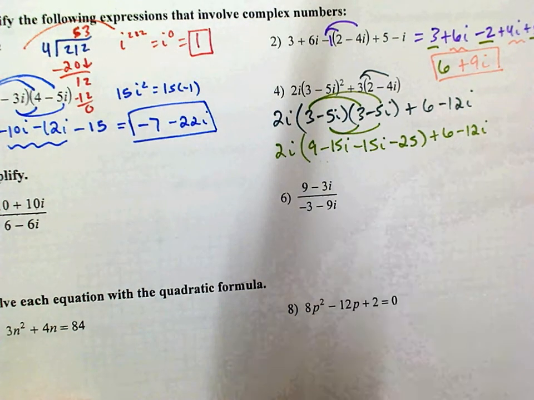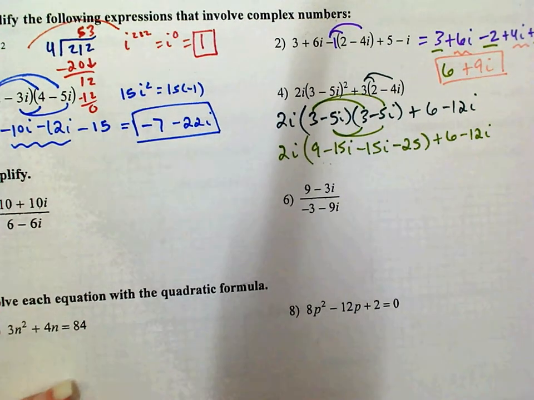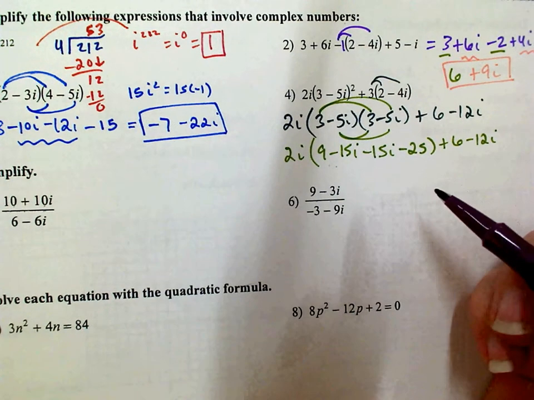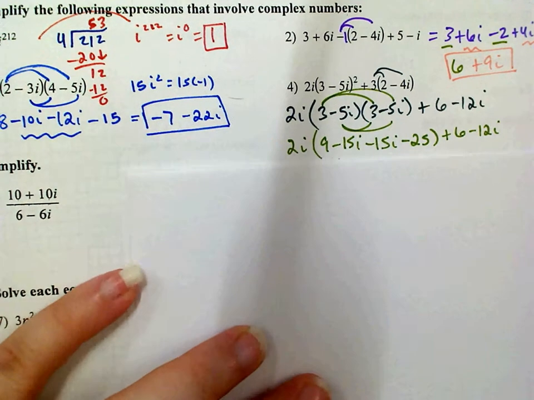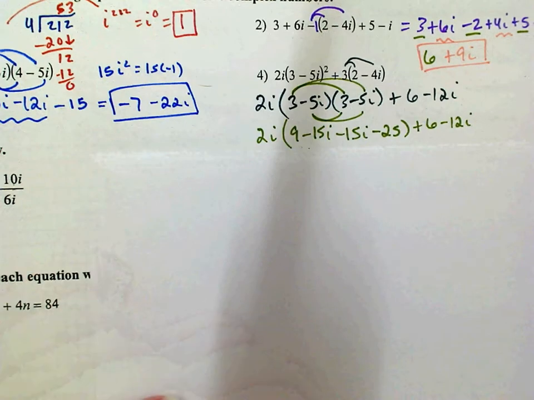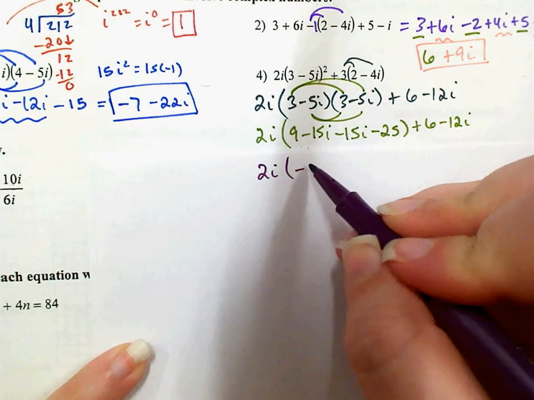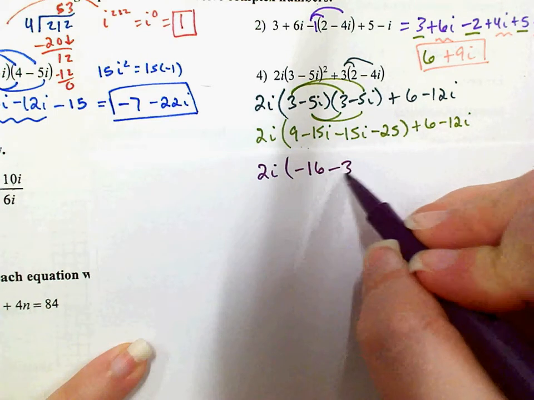The 9 minus 25 combines. So I've got 2i times 9 minus 25 is negative 16, and that's negative 30i. We're just adding.